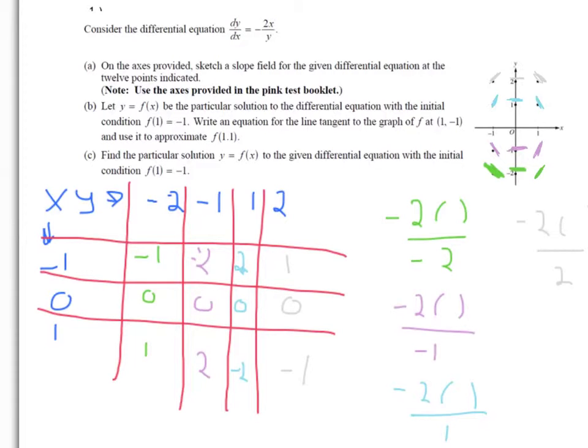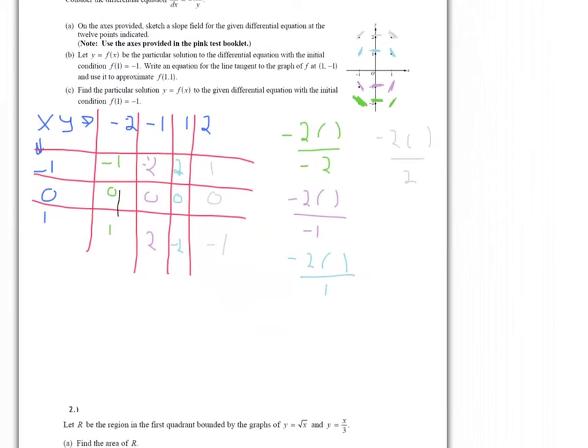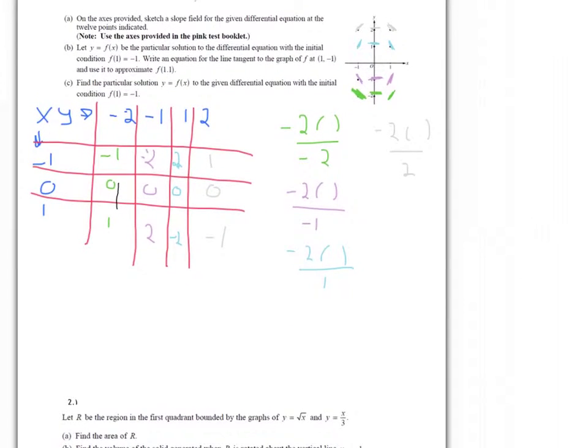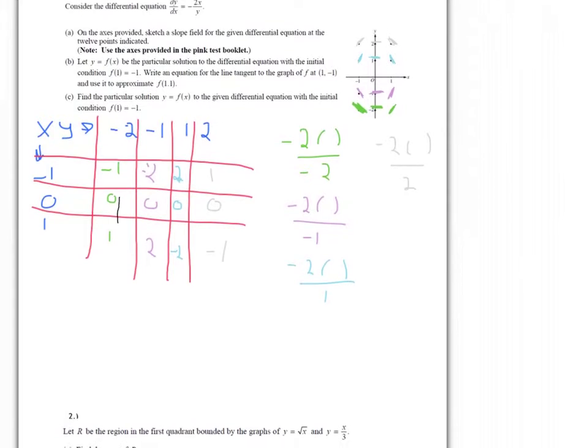All right, so there's part A. For B, to write the equation of a line, we need two things. We need a point and we need a slope. Well, we're told that the point is x value 1, y value -1.